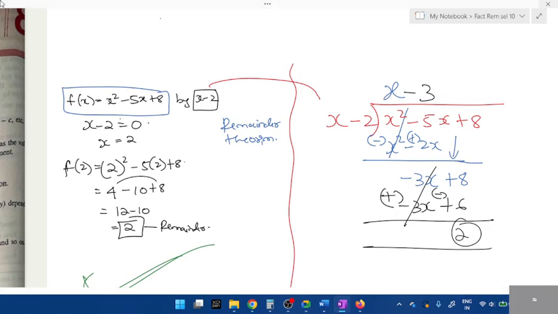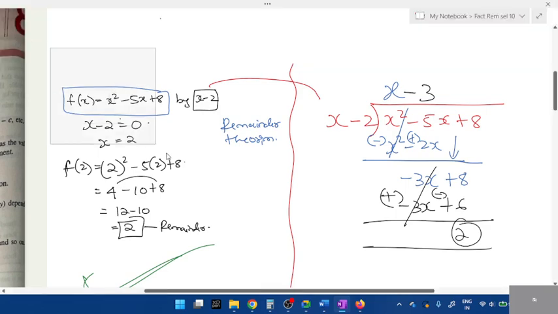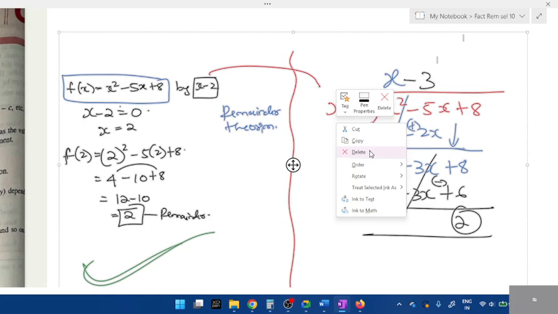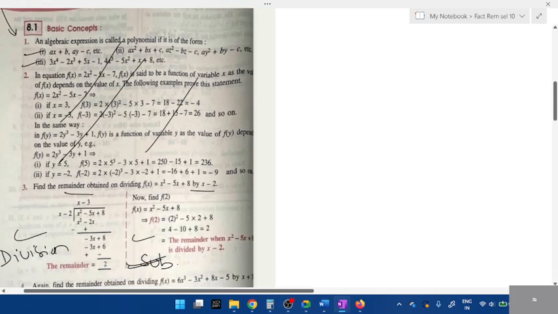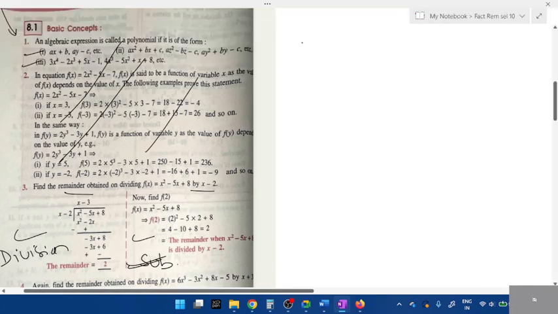Is it clear? All of you understood? Okay, I'll give one more question. Try one question, students. Don't look at your textbook. Don't copy. I'll try to solve.